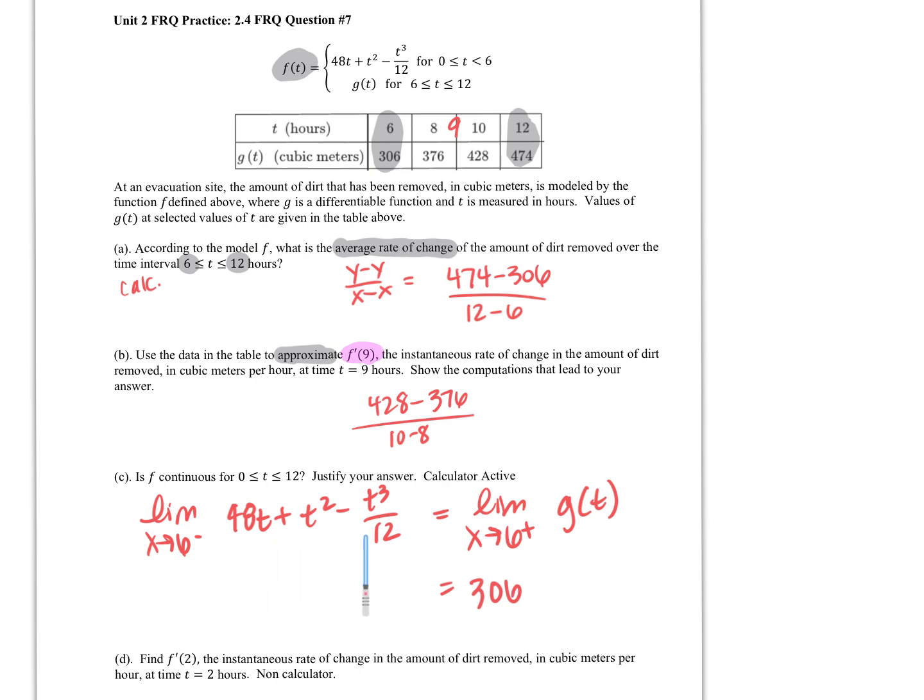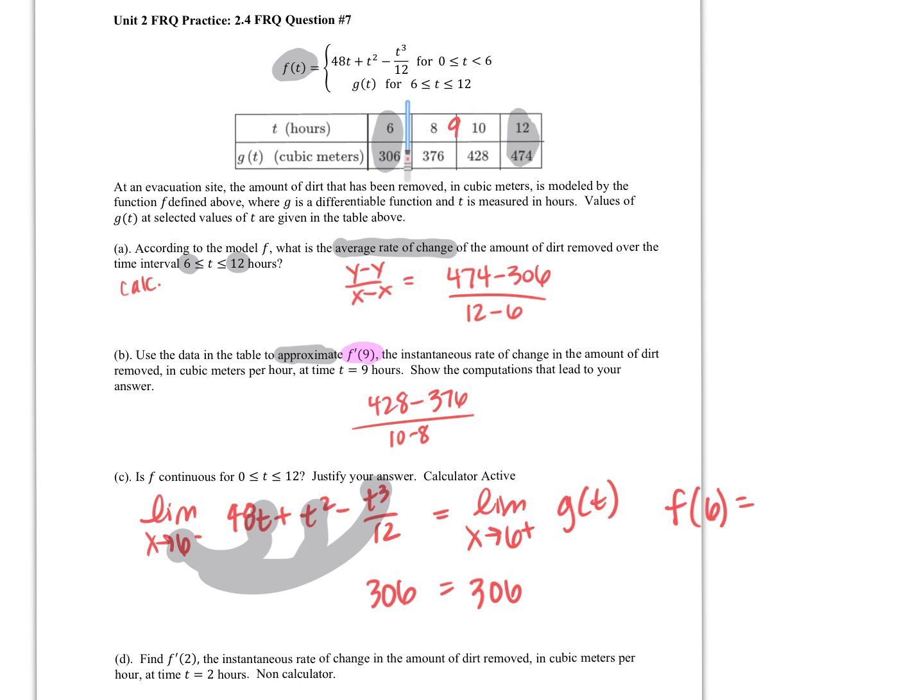We got to do this in our calculator. So you guys, with your calc, you could just plug in a 6 for t there, and t there, and t there. So you're saying this left side is 306 and the right side is 306. Does that guarantee that we're continuous if the limit exists? We also have to make sure that the value of the function is 306. Are we confident to be able to say f of 6 is 306?